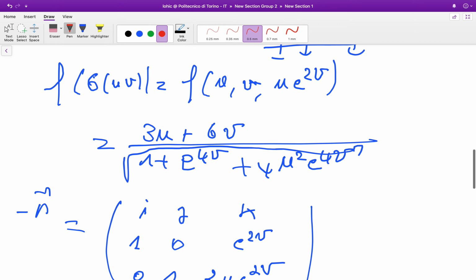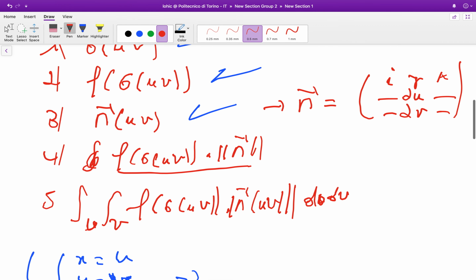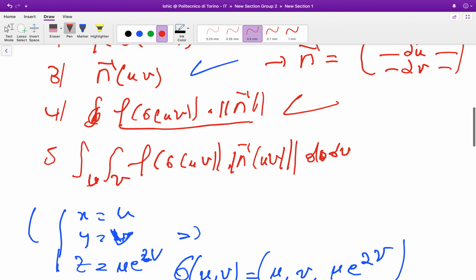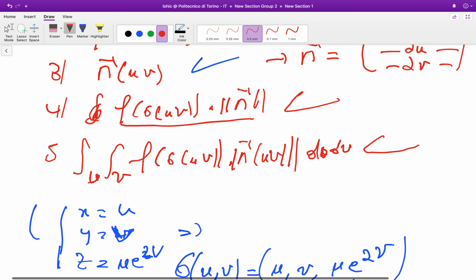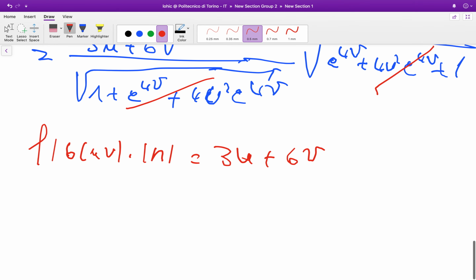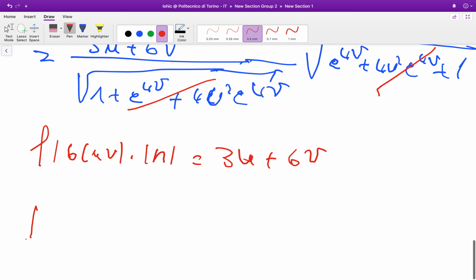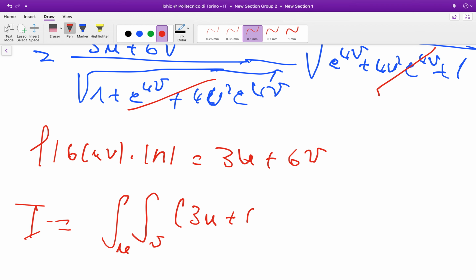Last step is then, I perform this step, and now I just need to integrate, yes or not? So finally the integral will be equal to the integral on u and the integral on v of 3u plus 6v du dv.